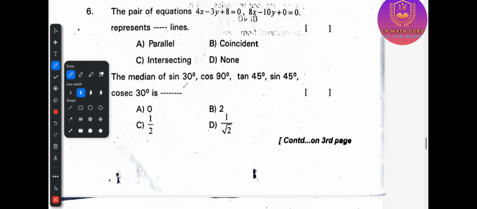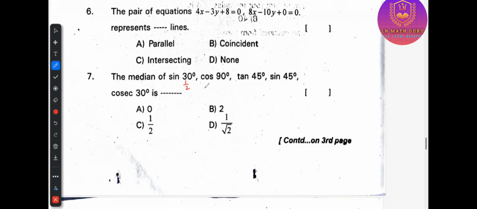Sine 30 is 1 by 2, cos 90 is nothing but 0, tan 45 is 1, sine 45 is 1 by root 2, and cosec 30 is 2. Now I can take the values in the form of decimals, which is better. So sine 30 is 0.5, cos 90 is 0, already we discussed, tan 45 is 1, 1 over root 2 is 0.7, and cosec 30 is 2.